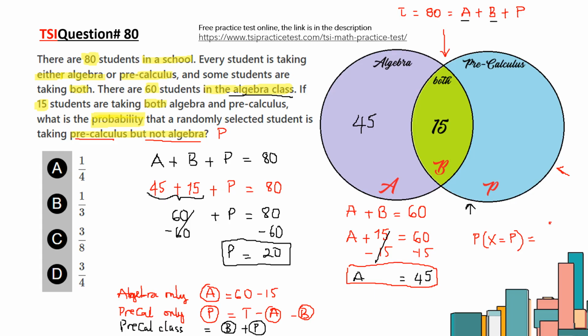That is 20, the part, over the whole, the total students we have, 80. Now we simplify this one. Cross out the 0, because 2 times 10 and 8 times 10, cross out the 10. Then 2 over 8 is 1 over 4. So the correct answer is A.